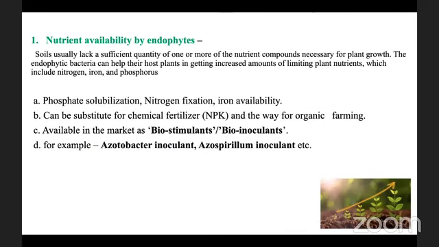In detail, the soil usually lacks sufficient quantity of one or more nutrients or compounds necessary for plant growth, so endophytic bacteria, or any endophytic organism, can help their host plant to get an increased amount of limiting plant nutrients, specifically nitrogen, iron, phosphorus and potassium.